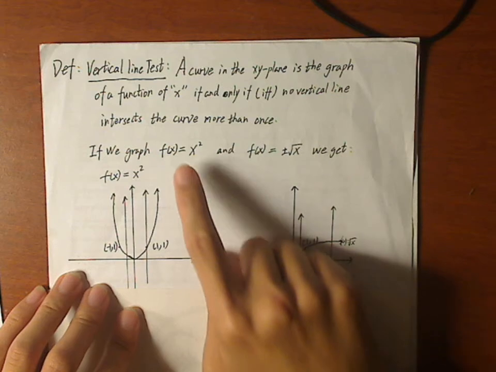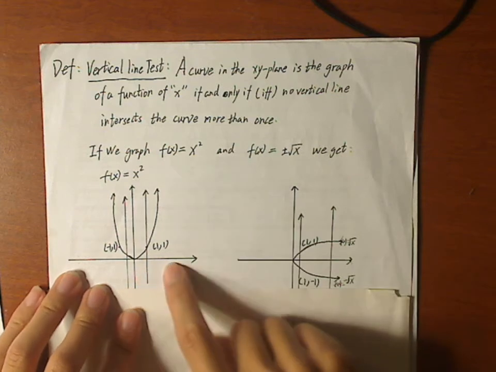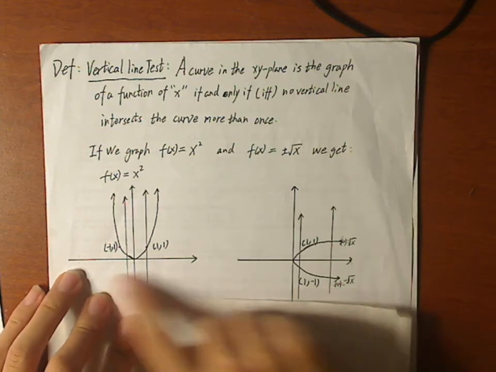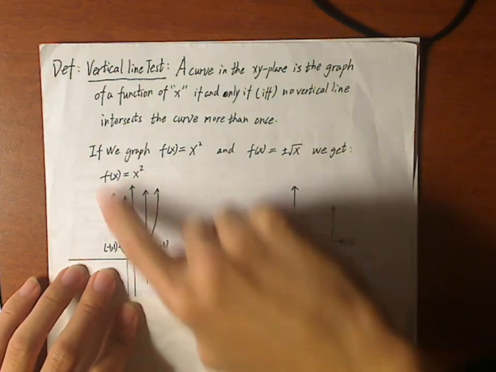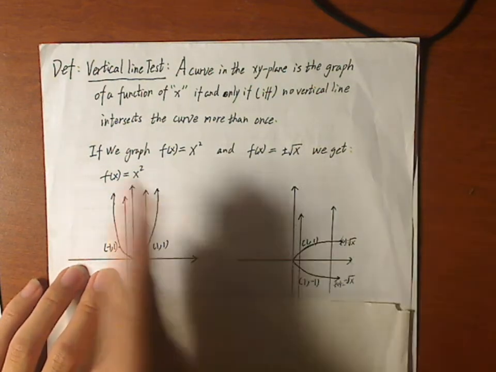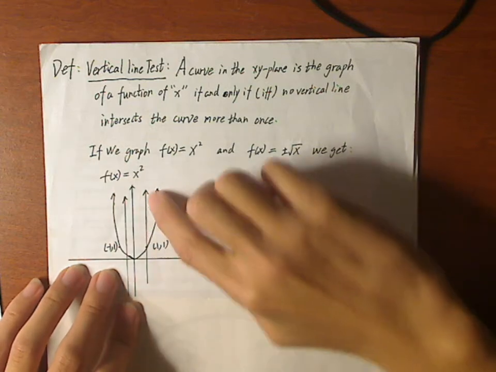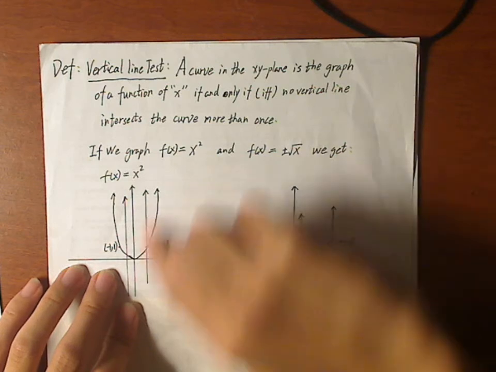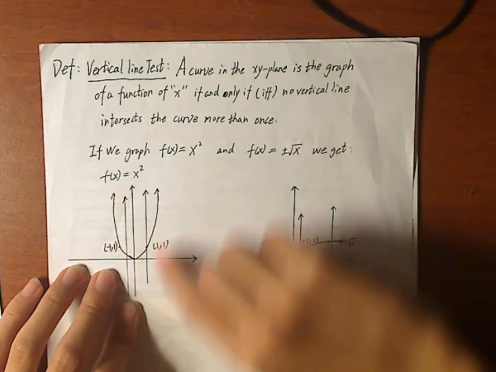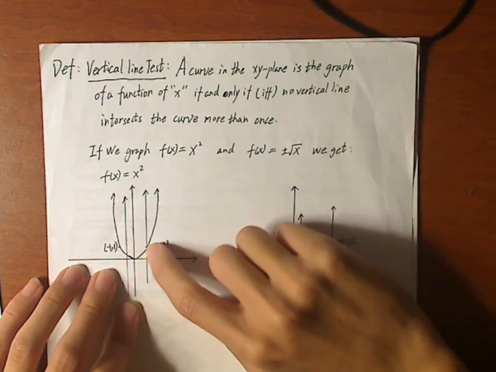If I draw this function, the graph looks like a curve going up, and I draw a vertical line, and those vertical lines can only cross the function with one intersection.